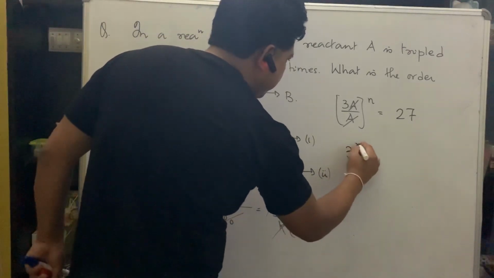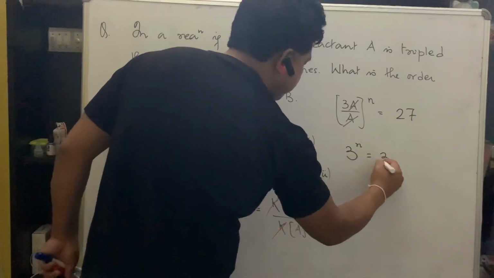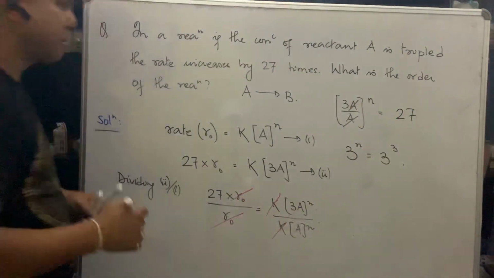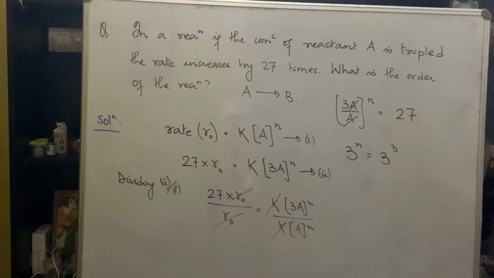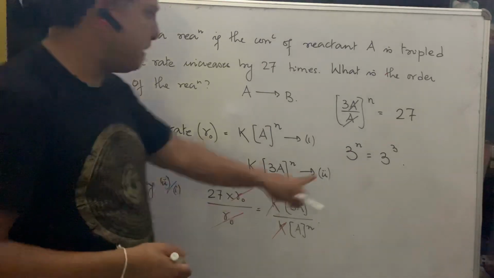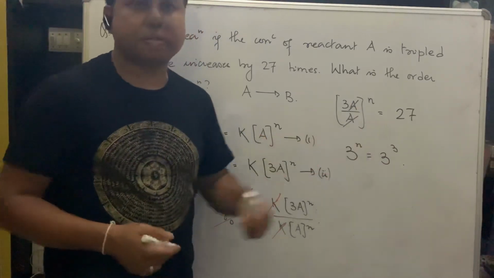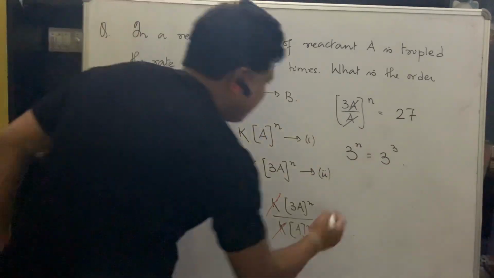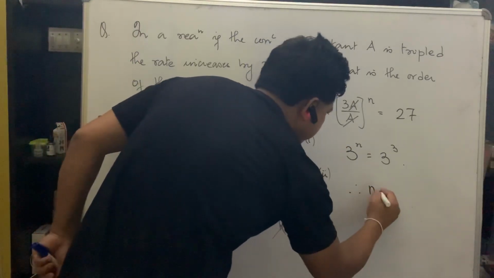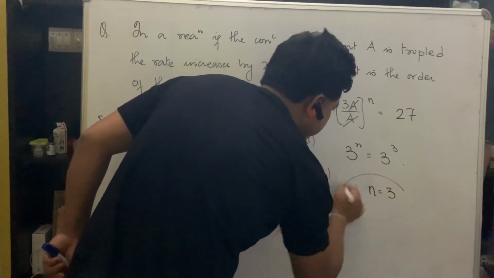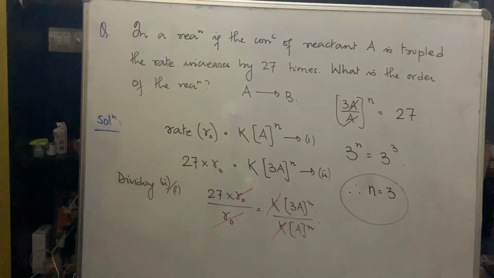Now 3 to the power N equals 27. 27 means 3 to the power 3. From the law of indices, when the bases are equal, the powers have to be equal. So what is the order of the reaction? N is equal to 3.